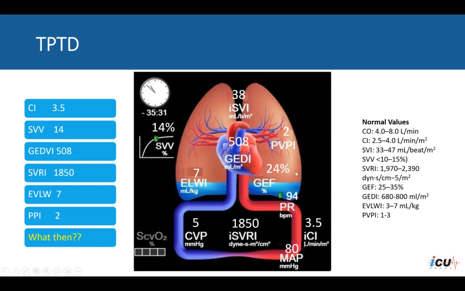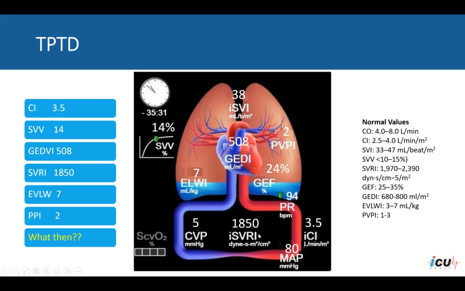Let's take a look at the global ejection fraction. The normal global ejection fraction is 25% to 35%, slightly lower. This is contractility. Stroke volume index, acceptable. Cardiac index, acceptable. So no issues with contractility. Let's move to the afterload.